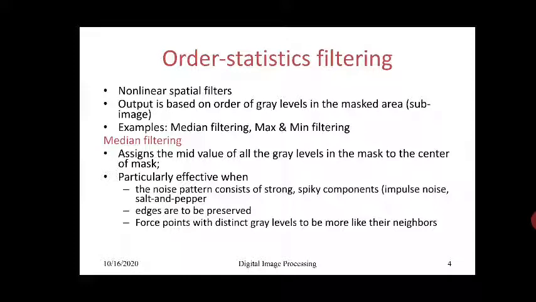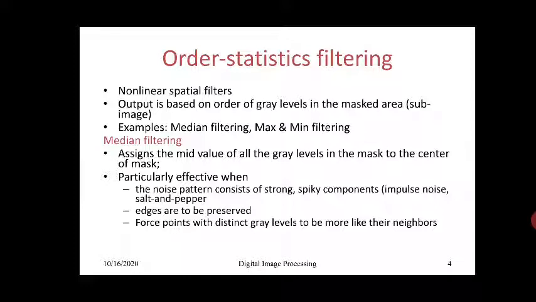Because the output we are getting is not in a defined linear way, since the output is based on the order of the gray levels in the masked area. Median, max, and min filters are the statistical filters. We will see how the median filtering and the max and min will operate here.